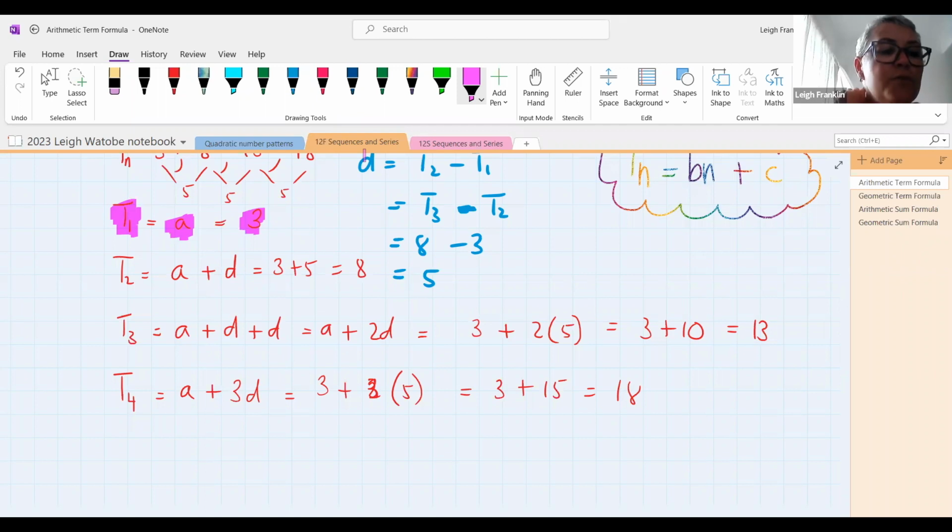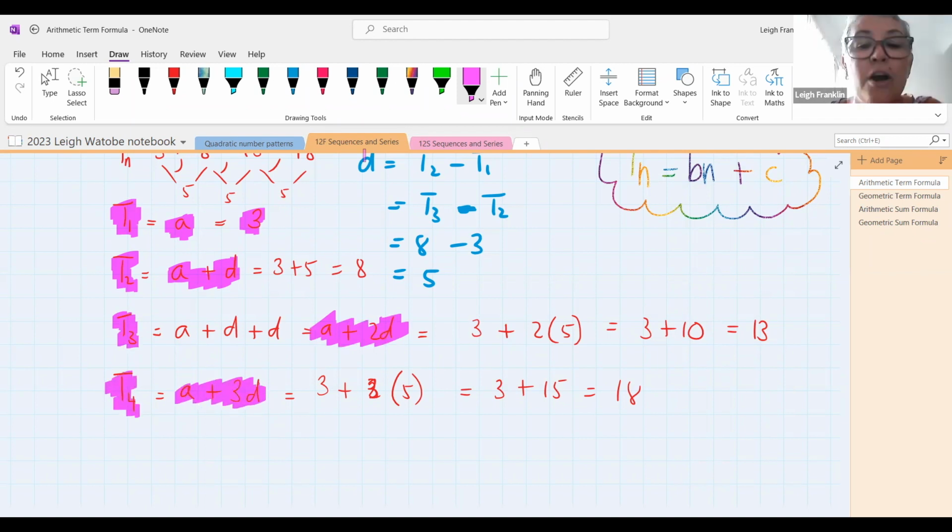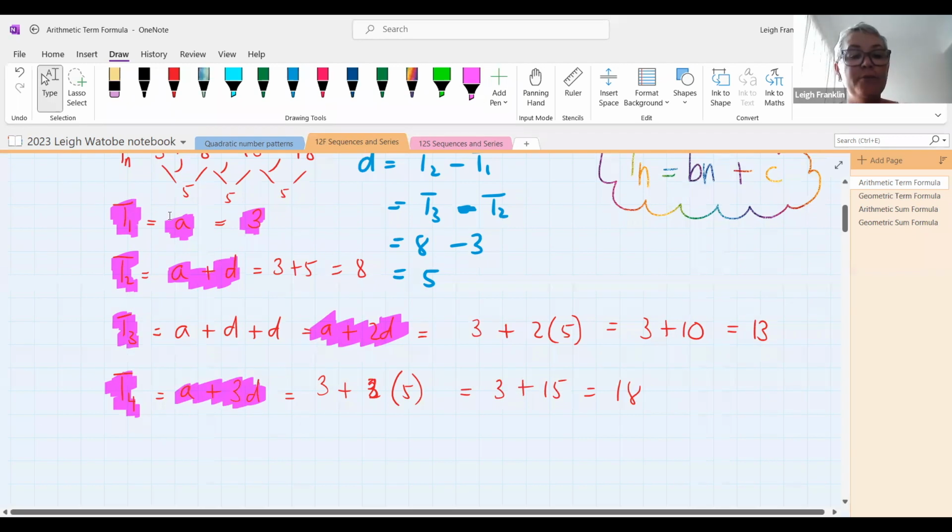If they tell you the second term of a pattern is something, they are telling you A plus d is that value. So we've got to get used to writing our arithmetic terms in terms of A's and d's, because they're going to expect us to be able to do this. Okay, so term 4 is A plus 3d. So now do you see where the formula comes from?